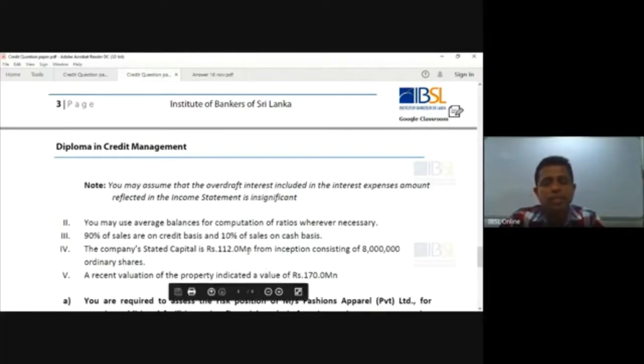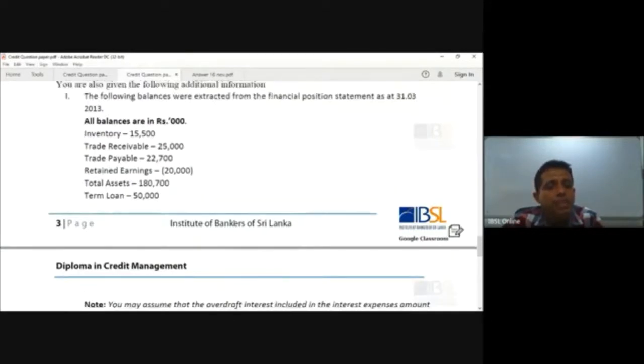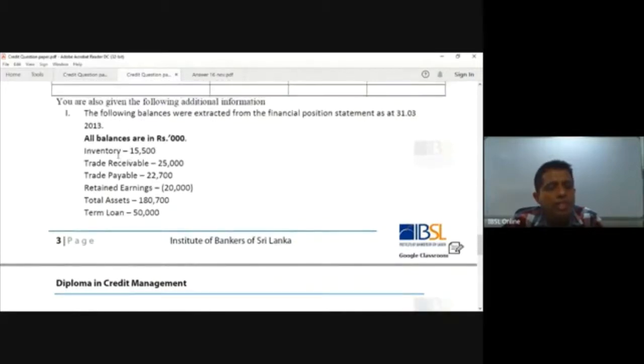What was the reserve portion for 2013? Now, stated capital we have found for every year, 13, 14, 15, 16, every year 112 million. There is no issue. Then we have to see what the reserve balances were in 2013. Under note number 1, they have given the retained earnings, 20 million loss.